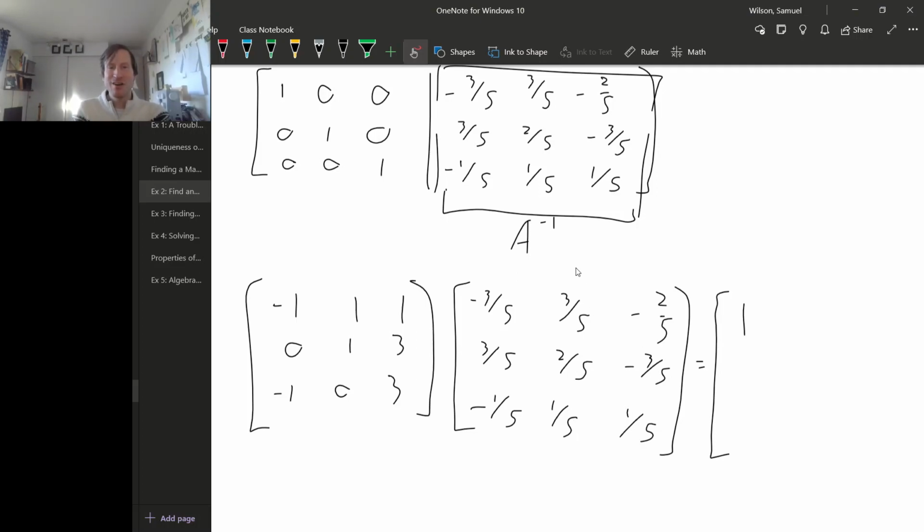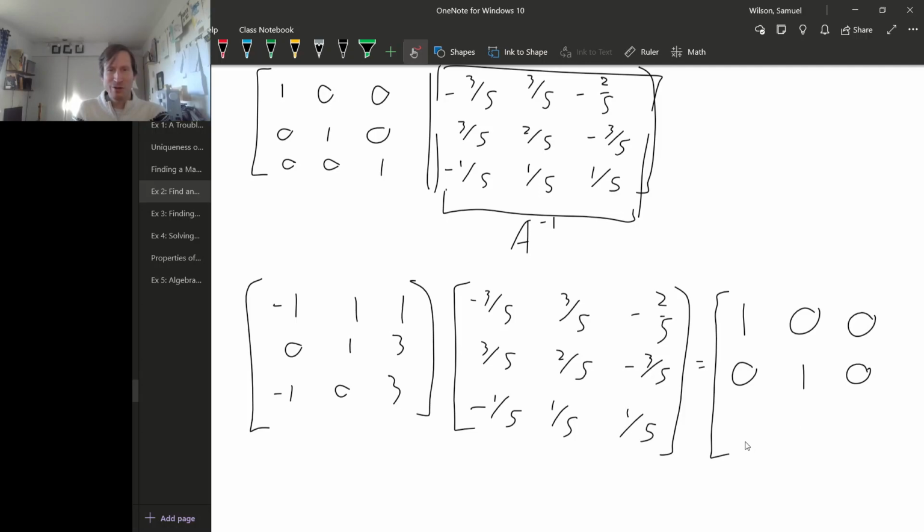Okay, now second column, first row, minus 3/5 plus 2/5 is minus 1/5, plus another 1/5 is 0. Third column, first row, plus 2/5 minus 3/5 is minus 1/5, plus another 1/5 is 0. All right, things are looking okay so far. Now, first column, second row, 0 plus 3/5 minus 3/5, so 0, and then 0 plus 2/5 plus another 3/5, that's 5/5, that's 1, and then 0 minus 3/5 plus 3/5, that's 0.